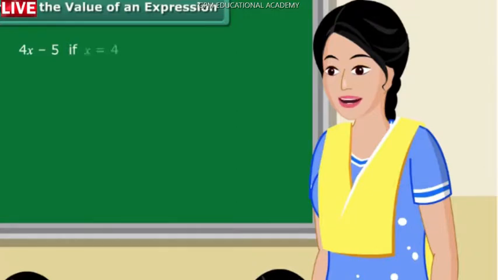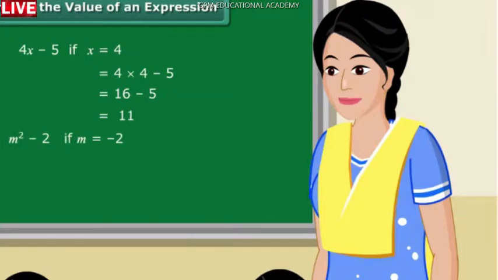If the value of x is equal to 4, then the given algebraic expression is equal to 4 into 4 minus 5, which is equal to 16 minus 5, that is 11. Similarly, if m is equal to minus 2, then value of the expression m square minus 2 will be equal to 2.